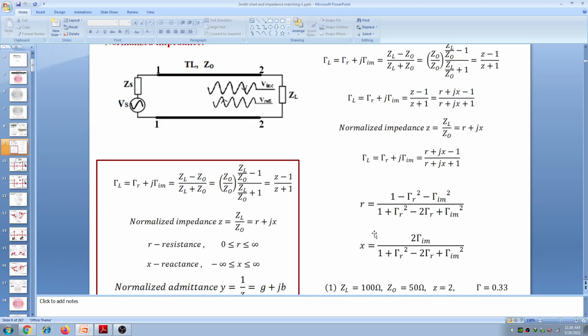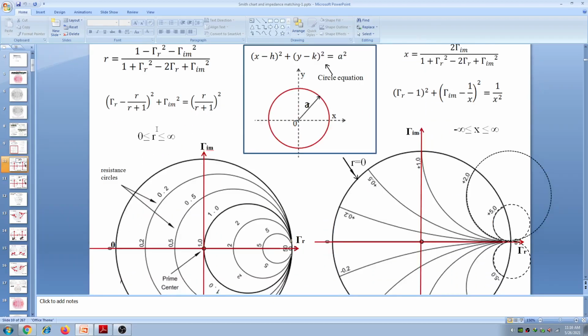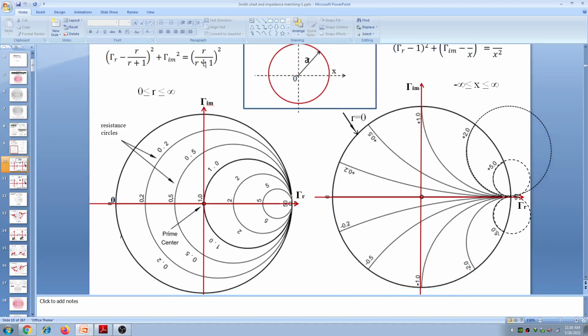Next, if you rearrange this, you can find there is a circle equation like this. That means r is related to tau in this way. They form a circle. For every value of r, there is a circle on the tau plane.